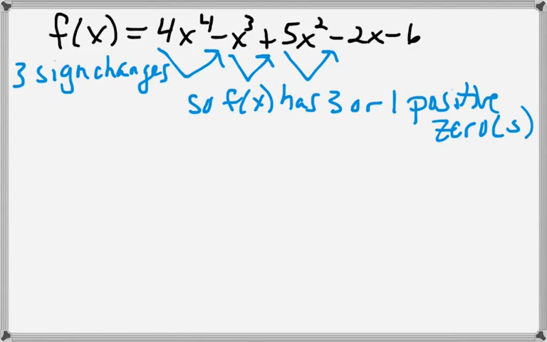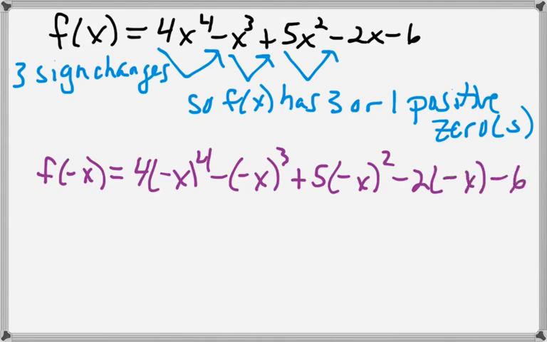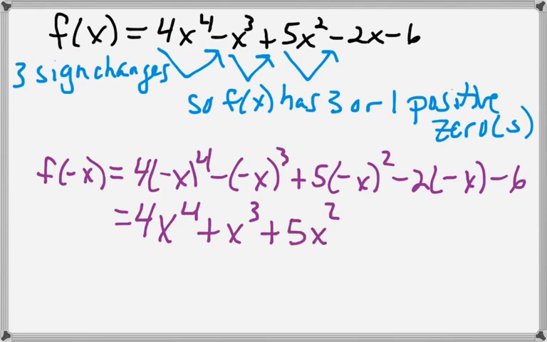All right, and then to figure out how many negative zeros this might have, we need to look at f of negative x. Again, we'll just replace all of the x's with negative x. And so we get 4x to the 4th. Then we have a negative times a negative there. We square a negative, but it's still positive.